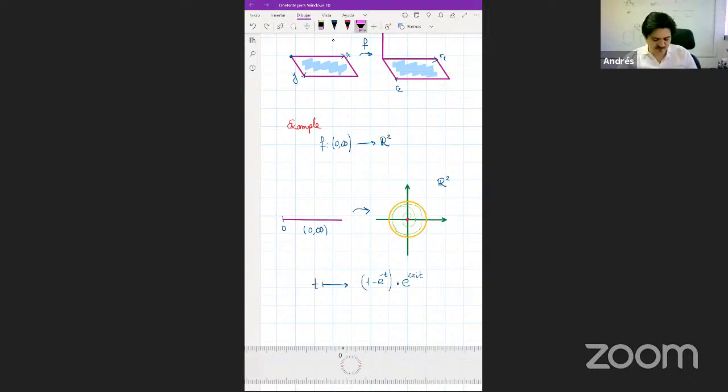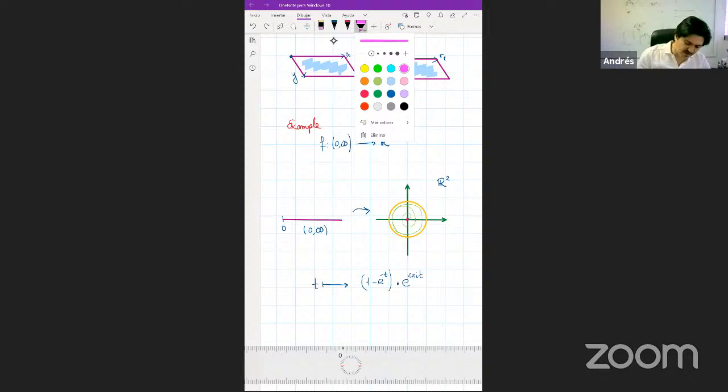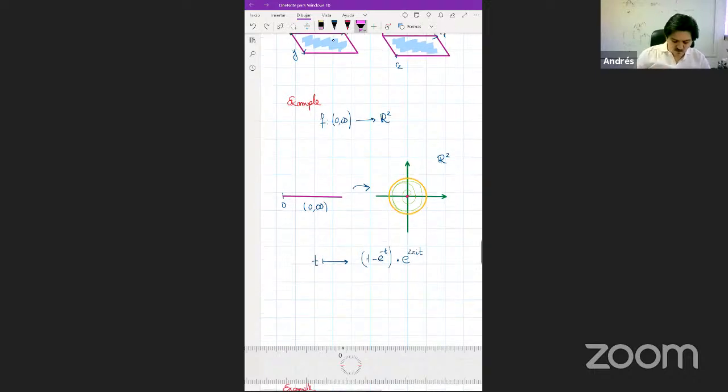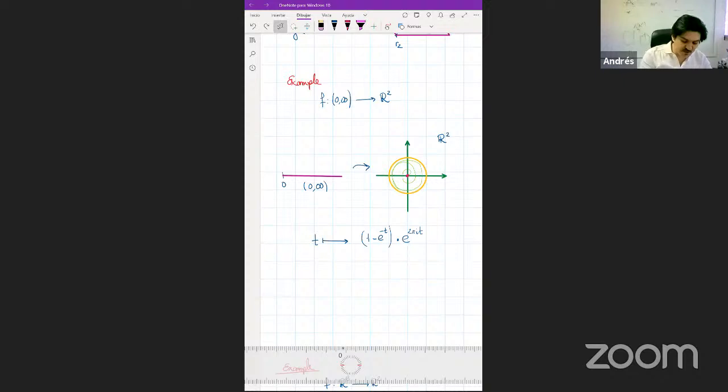So this will be very, very interesting. And actually the problem is what is happening close to the unit circle. What is happening close to the unit circle is the same thing that we saw yesterday.